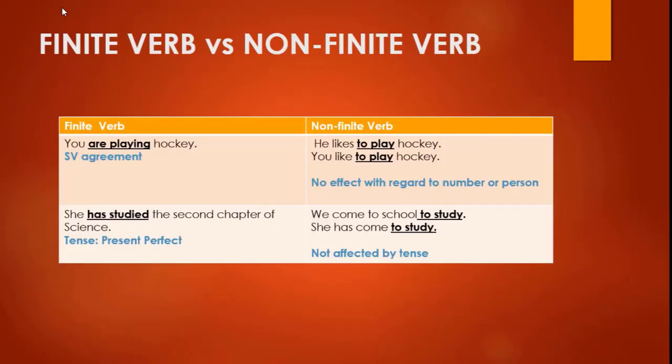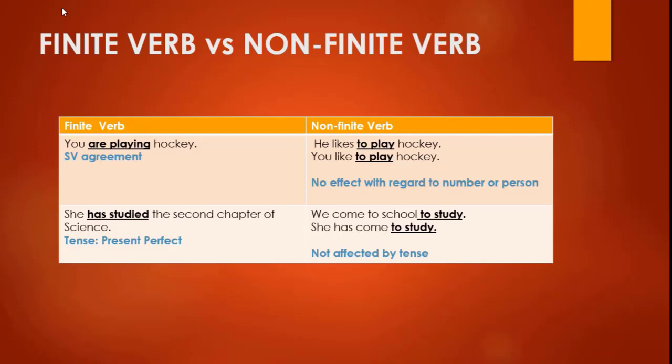Let us compare finite verb with the non-finite verb. In the first column, there is the example of finite verb: you are playing hockey. In this sentence, we see that you and are agree with regard to subject and number. You are playing hockey. There is subject verb agreement in this sentence.